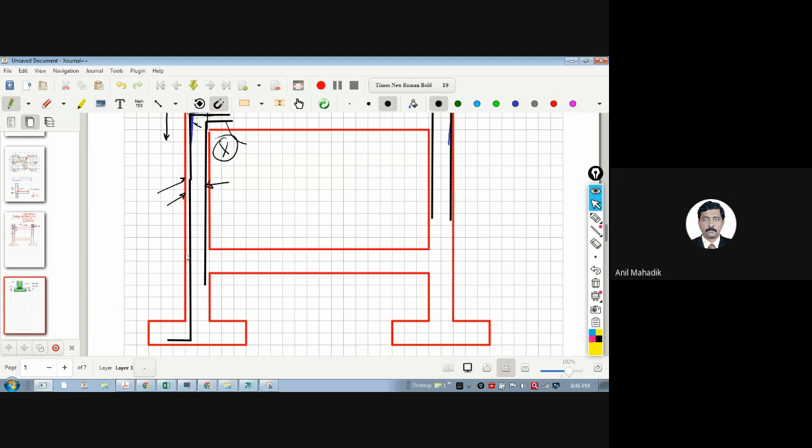If you consider this part here, and let's say there is a starter here, then you are creating a cold joint, and you know that there are heavy moments in an earthquake. When we calculate the bending moment, how will the beam's bending moment be? It will be like this. So this is a huge bending moment over here, and there will be more shear force also.